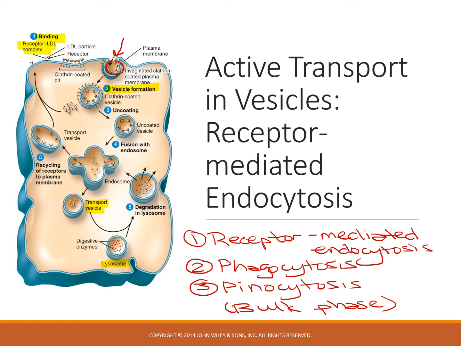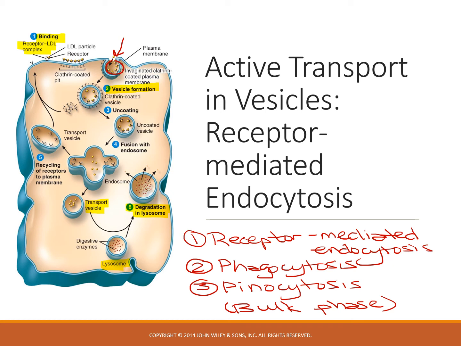It's going to bind together with a lysosome, and lysosomes have enzymes within them that digest proteins. So here we're going to have that degradation of the proteins within those vesicles.